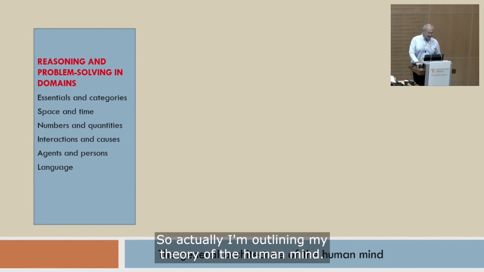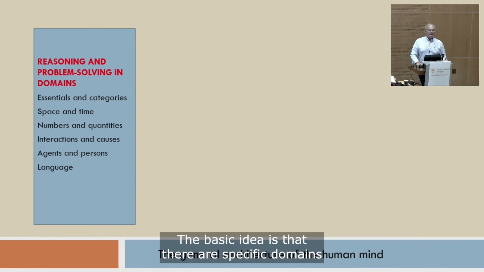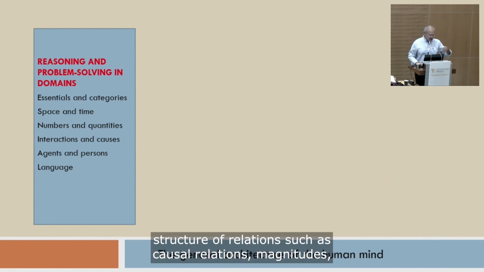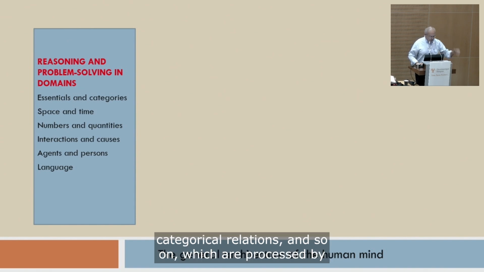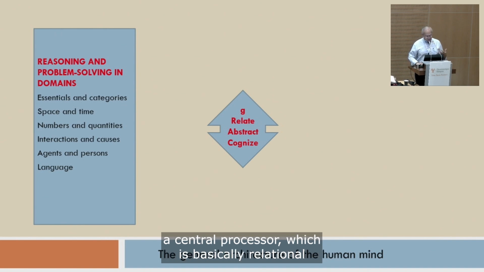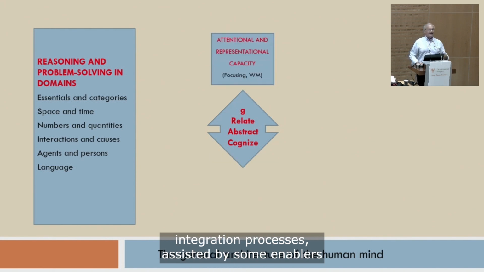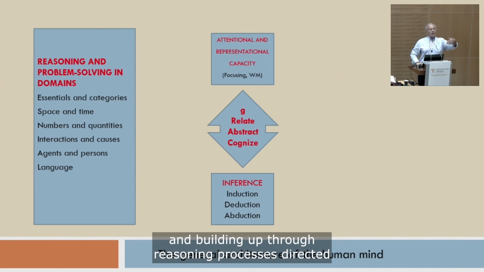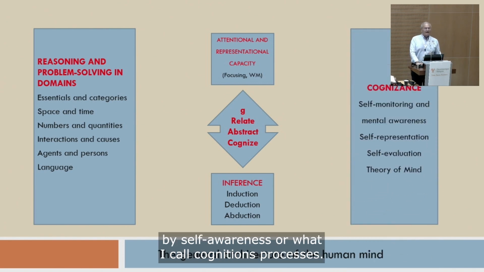So actually, I'm outlining my theory of the human mind. The basic idea is that there are specific domains which are differentiated from each other based on the basic structure of relations, such as causal relations, magnitudes, categorical relations, and so on, which are processed by a central processor, which is basically relational integration processes, assisted by some enablers, such as attention, control, and representational capacity, and building up through reasoning processes directed by self-awareness, or what I call cognizance processes.